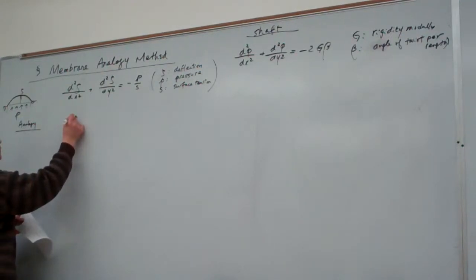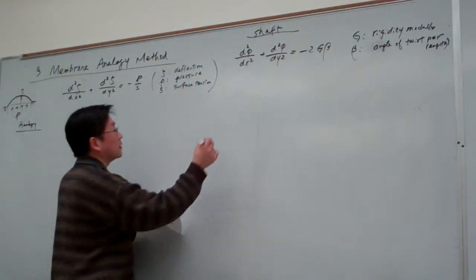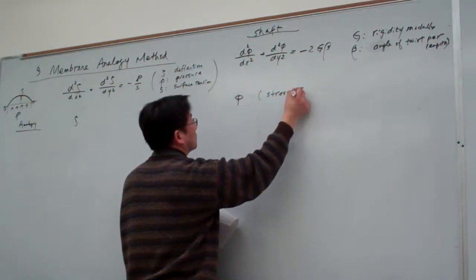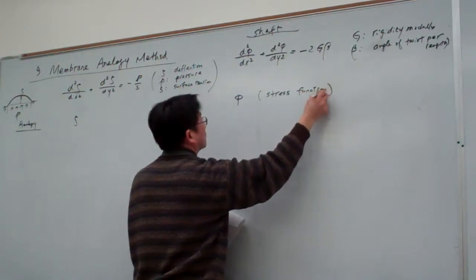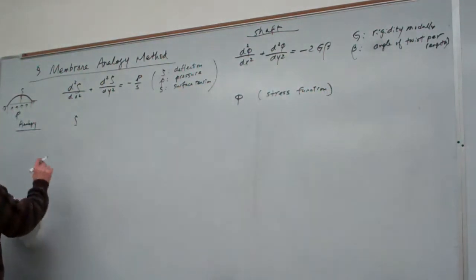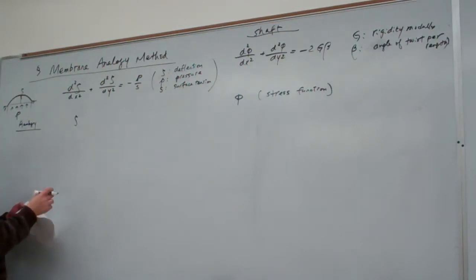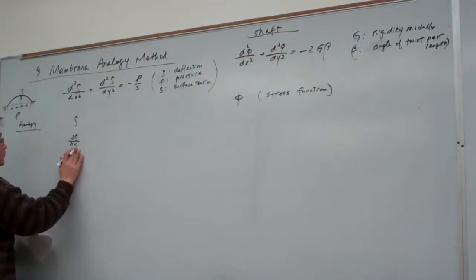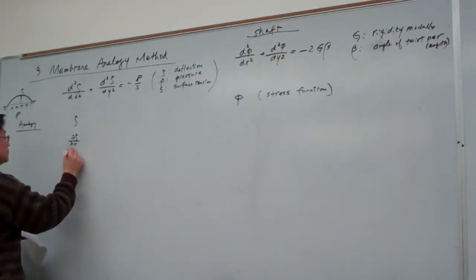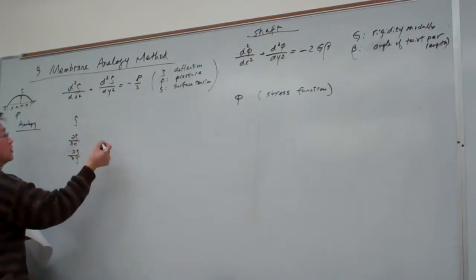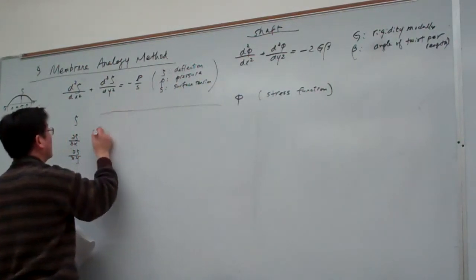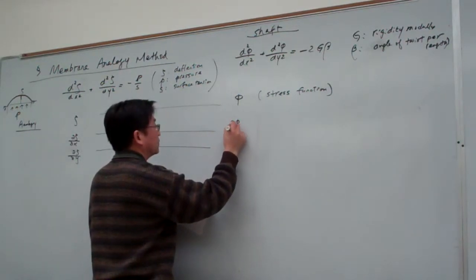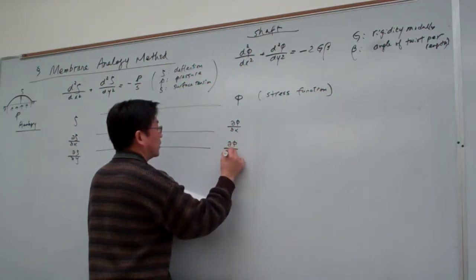The first one, zeta, corresponds to phi, and phi is the stress function. Partial zeta partial x and partial zeta partial y correspond to partial phi partial x and partial phi partial y.